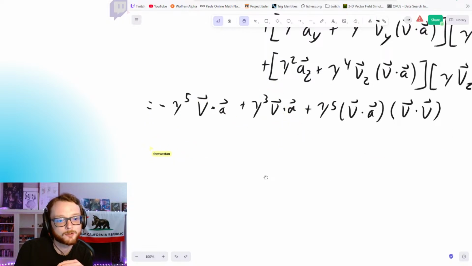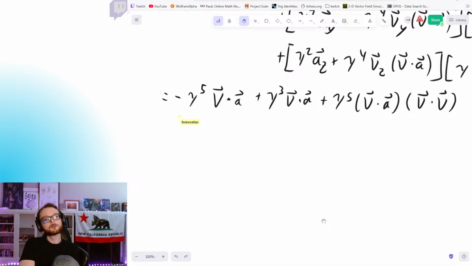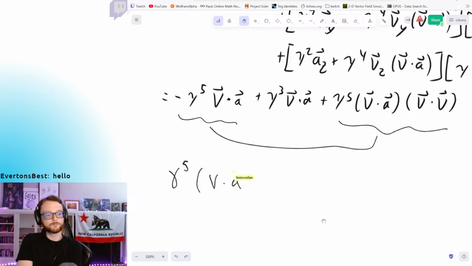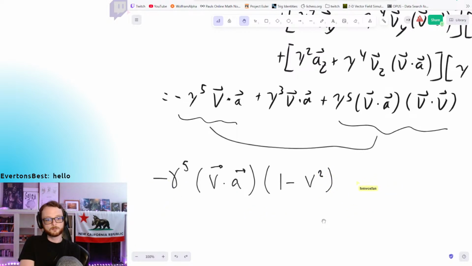Let me take this and this, put these together. So I get gamma to the fifth v dot a times v squared. I want to say this is v squared minus 1. I'm going to put a negative over here. Is that true?